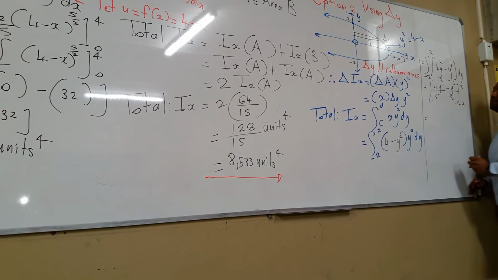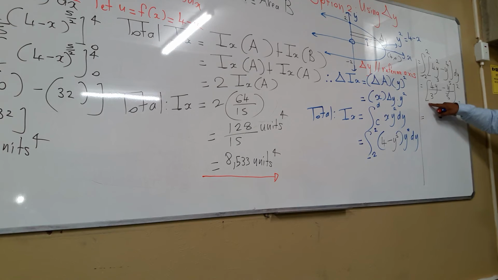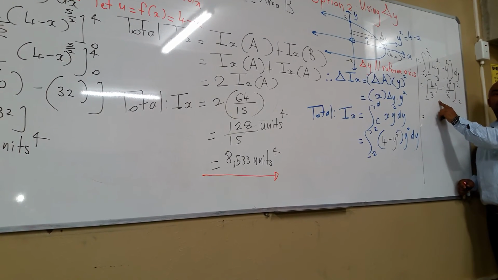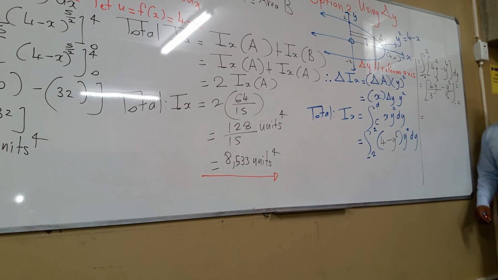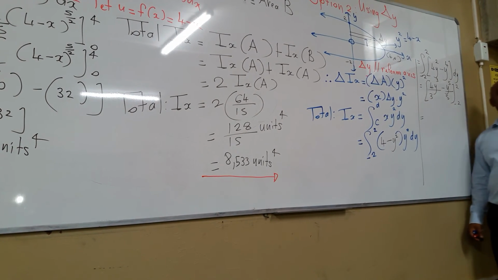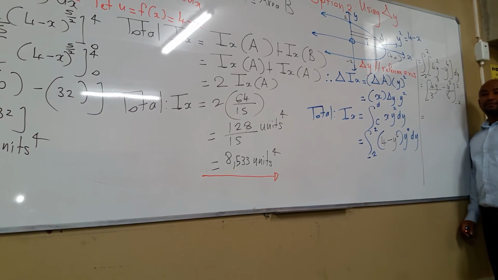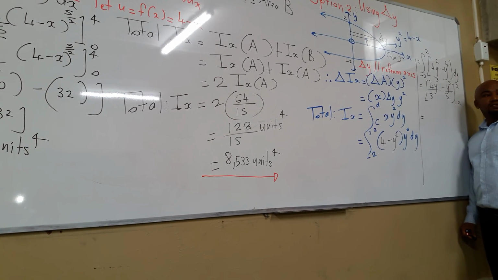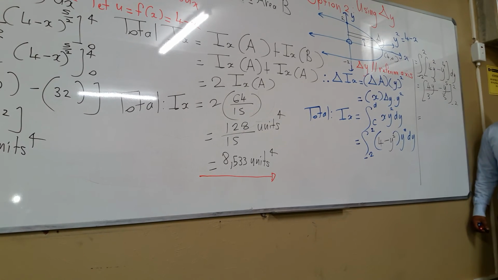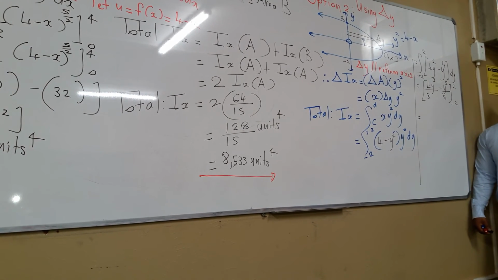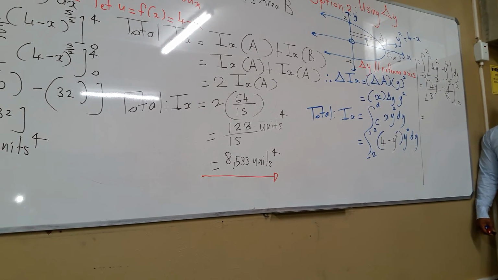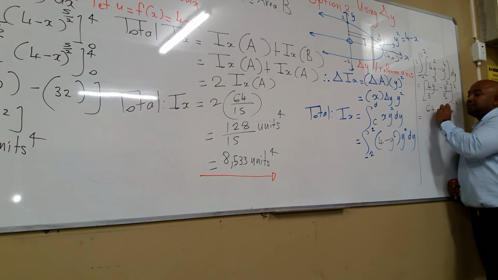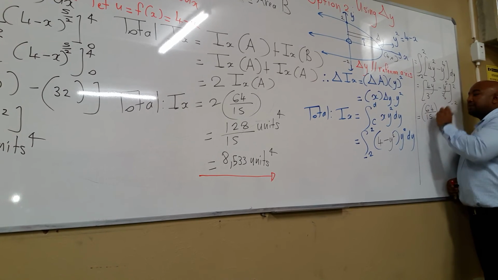So we substitute 2. When you substitute 2 here, what do you get? Substitute 2, let's see. What do we get? 64 over 15. Yes, you must get 64 over 15.